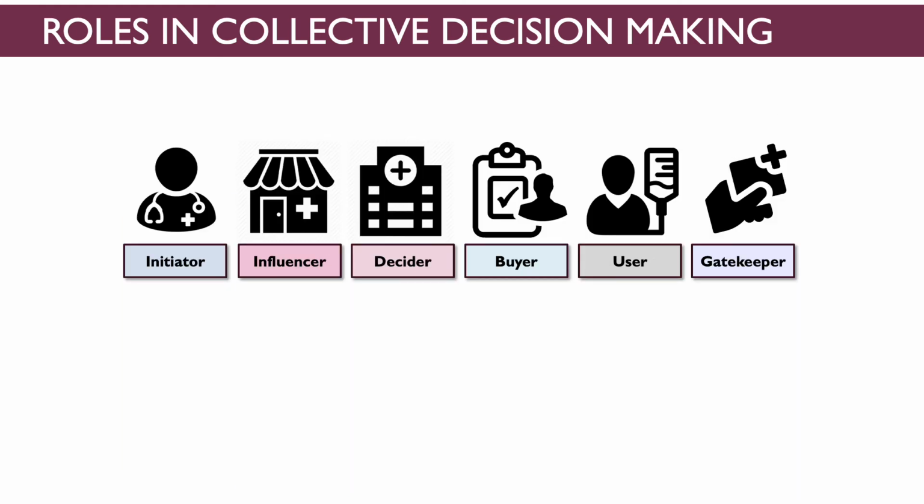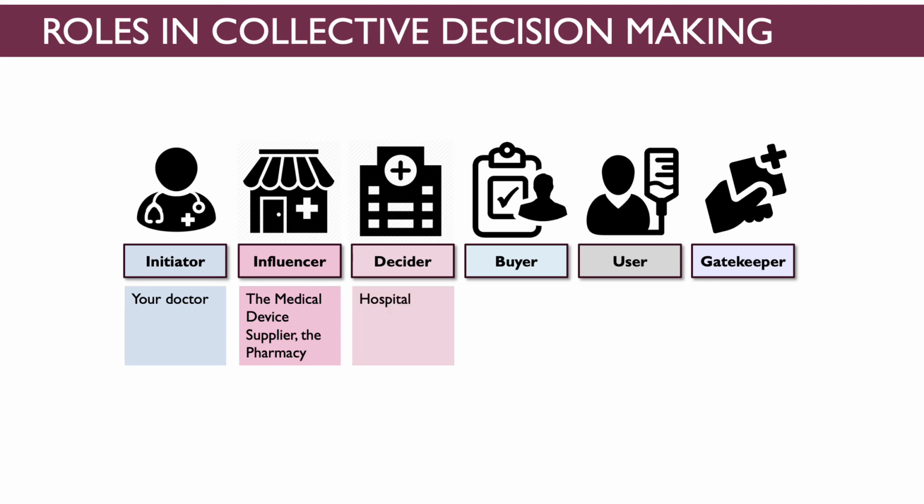So, in this example, the initiator is the doctor, who recognizes a problem and comes up with an idea to buy a new additional product for the hospital. The influencer, who influences the decision of which brand or product to go with, who influences the initiator, the doctor, is the medical device supplier or the pharmacy, in this case, whatever the product is, either a medicine or a medical device.